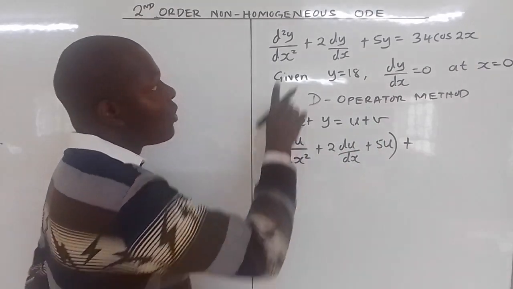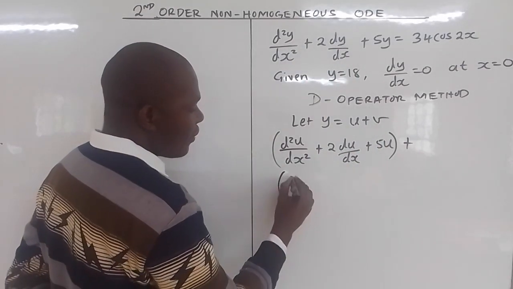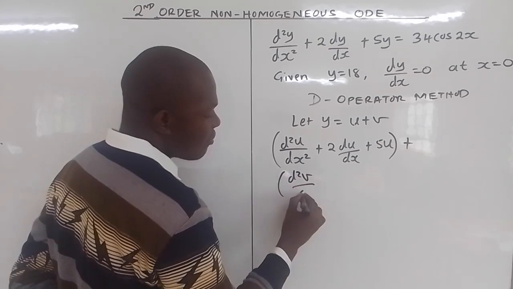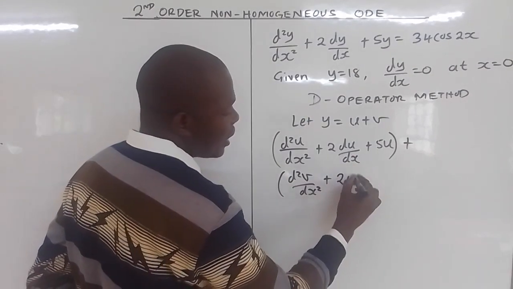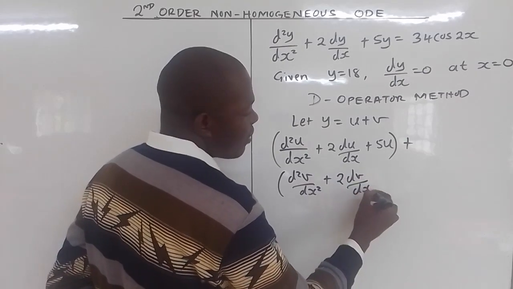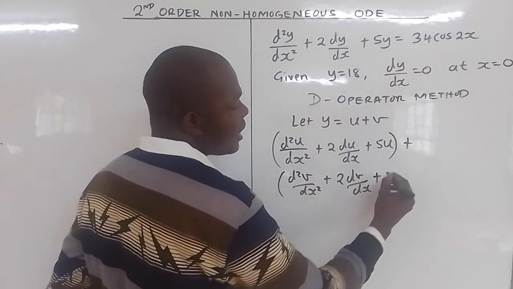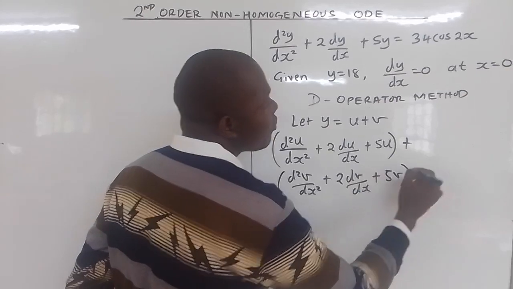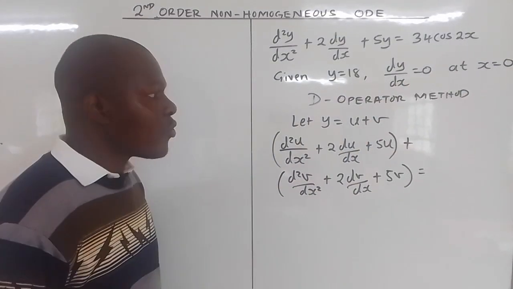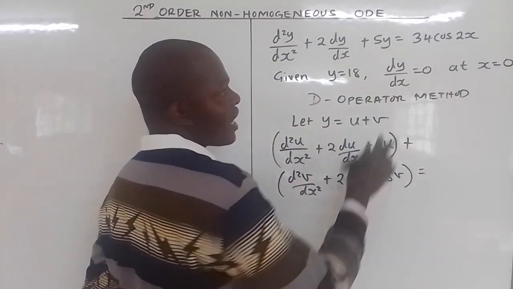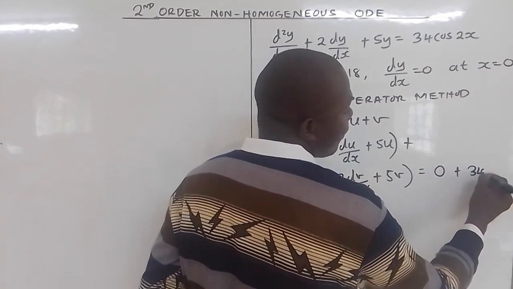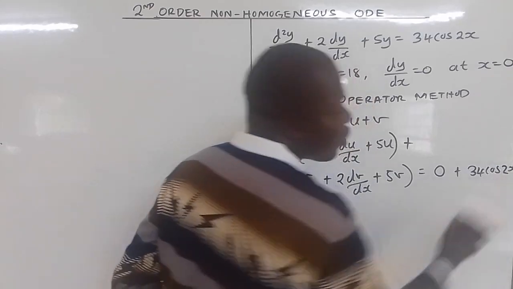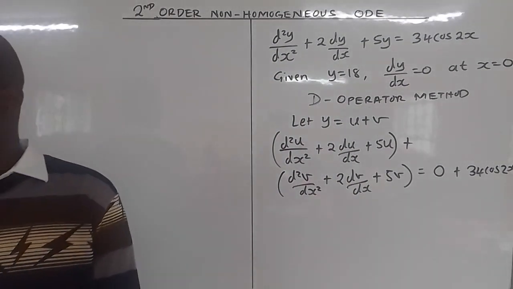We get d squared v over dx squared plus 2 dv over dx plus 5v, equal to, on the other side of the equation, the function f of x. You put it as 0 plus 34 cos 2x.